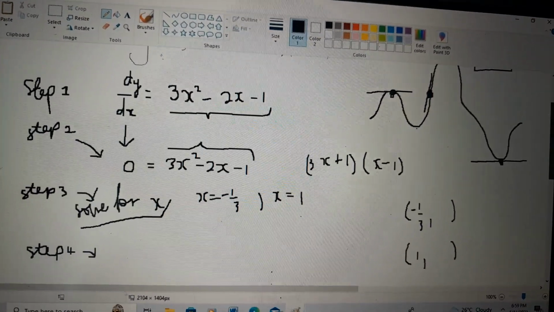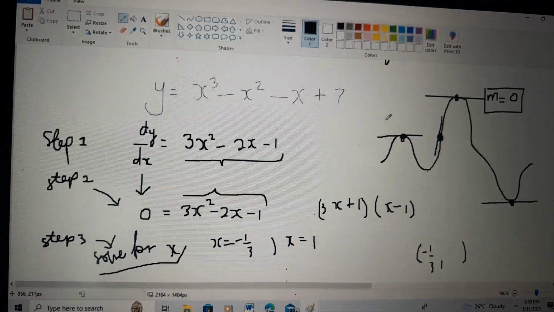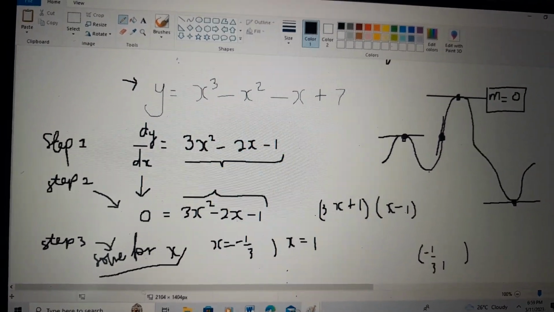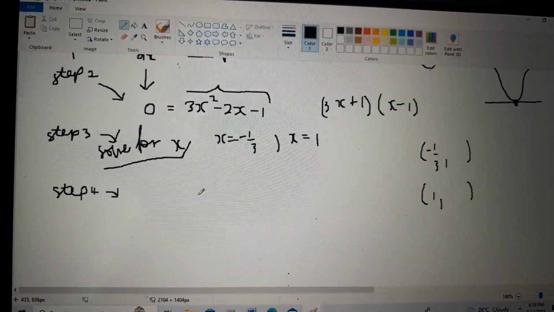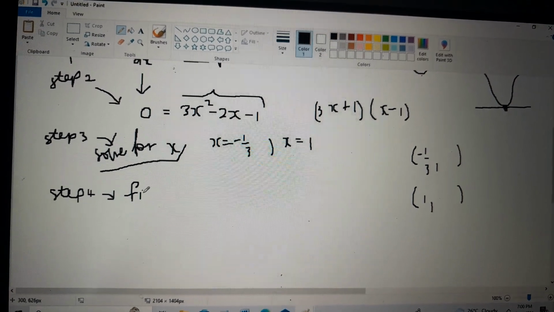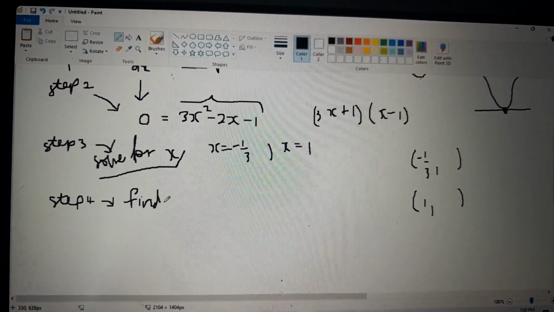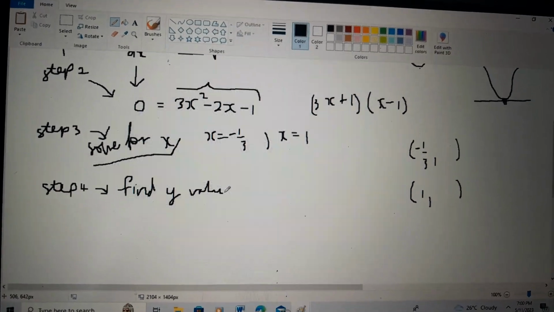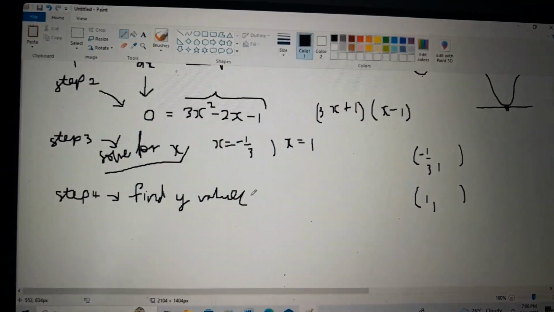So we go back to the original function that says y is equal to, so we find the y values, value or values depending.